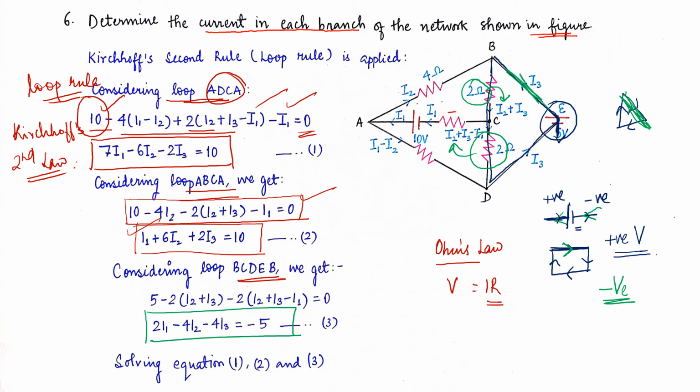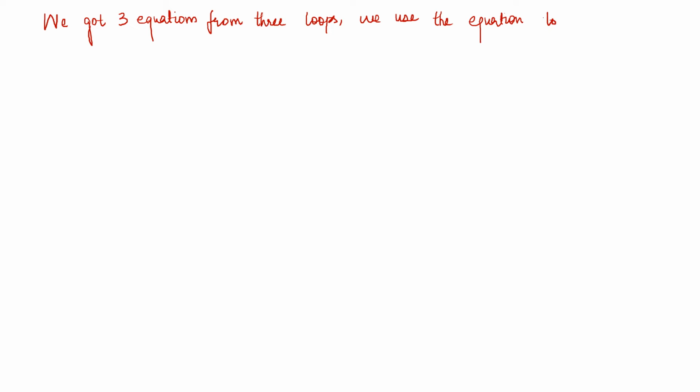Now we got 3 equations from 3 loops. We will use the equations to solve further to get currents I1, I2 and I3.